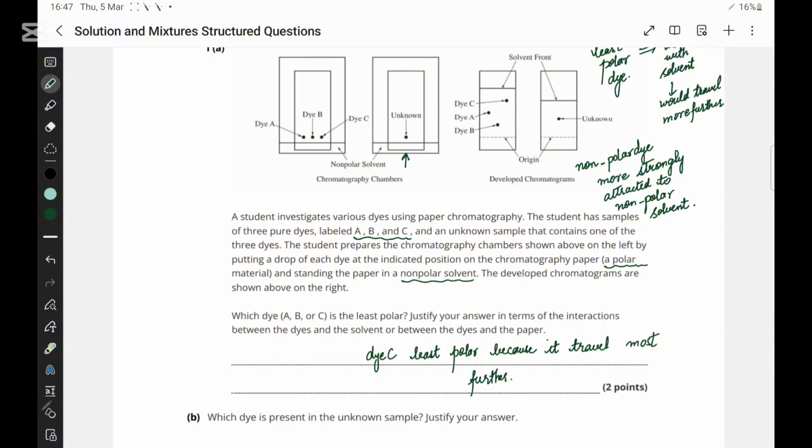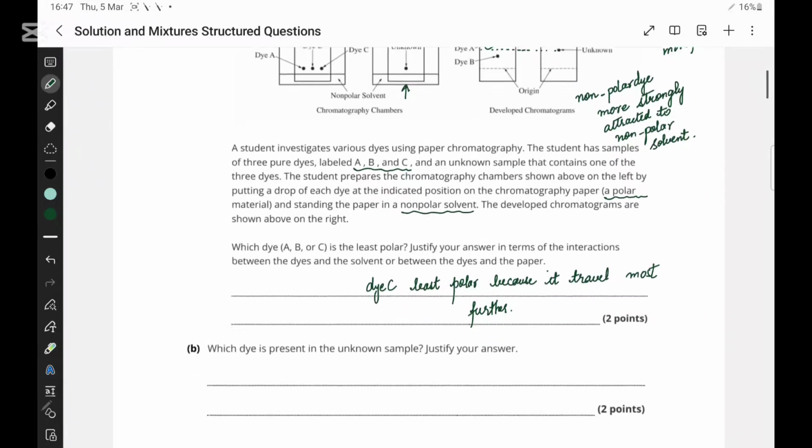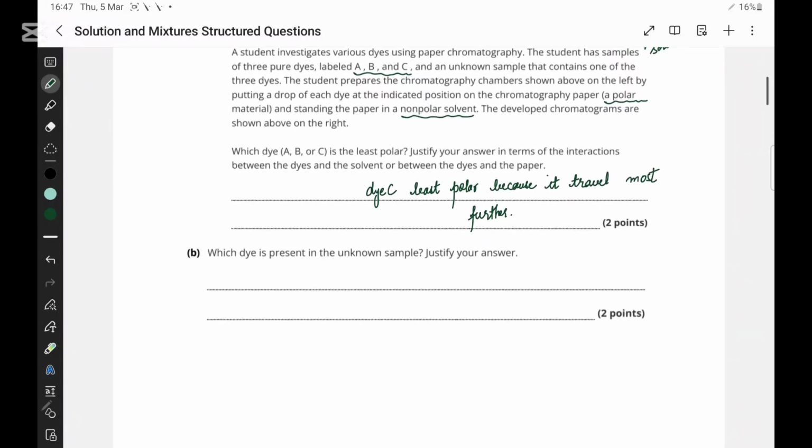The dye which travels the same distance as the unknown sample, or closer to it, is going to be the dye. We can see that dye A has traveled closer to the unknown sample. So it is going to be dye A.